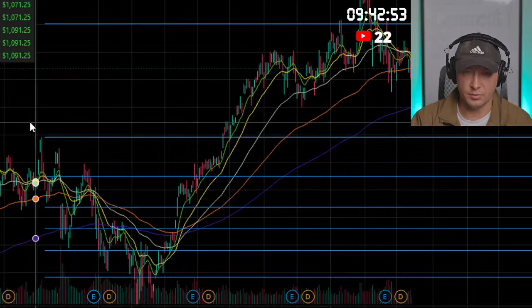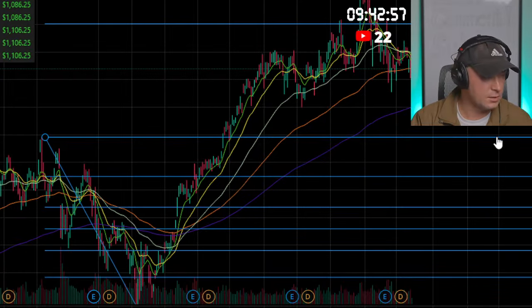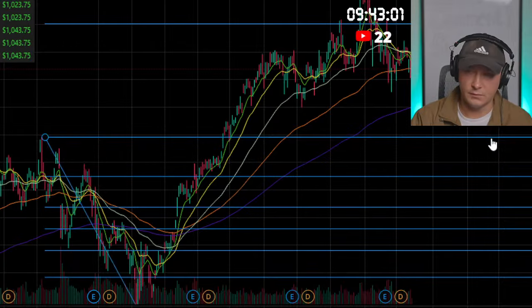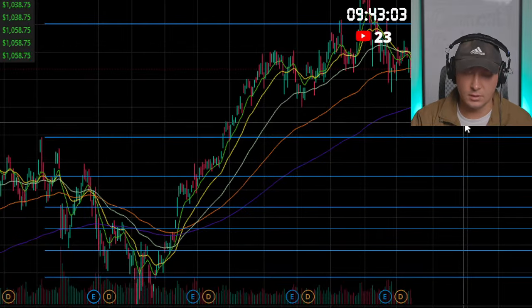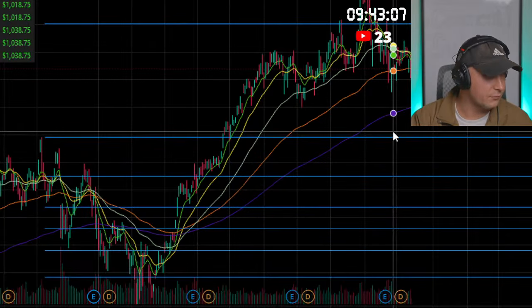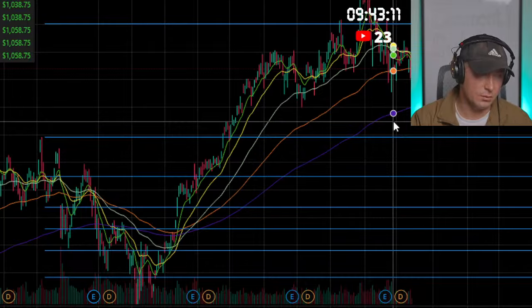Could fall to these previous all-time highs. That would be where the really strong support lies, and that would probably be a good undervalued level to buy at, because right now we're sitting at 177. We're pretty much at fair value. 183 is about fair value, what I got calculated, and that's with extreme growth expectations.